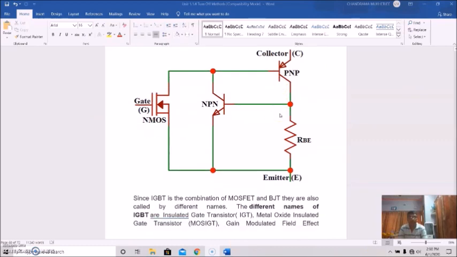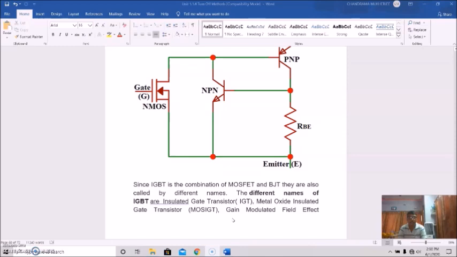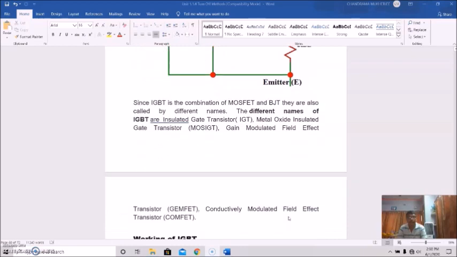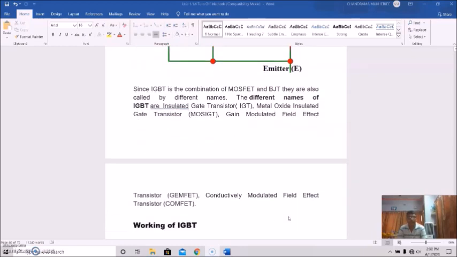Since it is a combination of MOSFET and BJT, it is also called by different names. Different names of IGBT are insulated gate transistor or IGT, metal oxide insulated gate transistor or MOS IGT, gain modulated field effect transistor or GEMFET, and conductively modulated field effect transistor, COMFET.